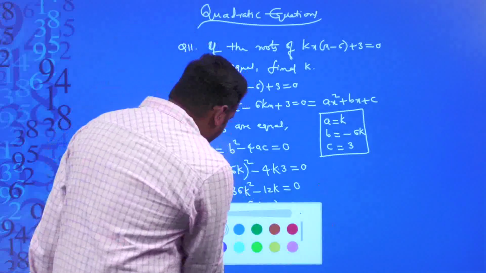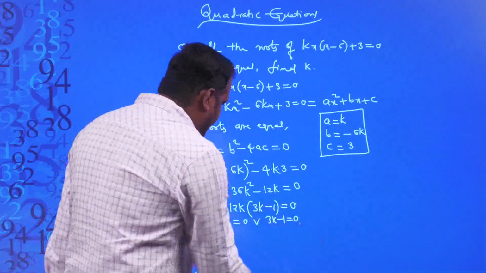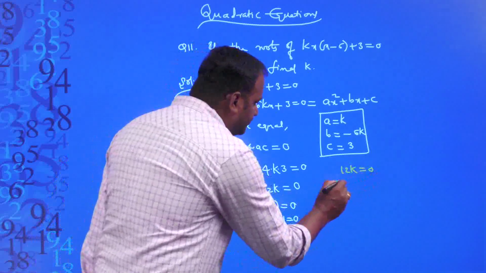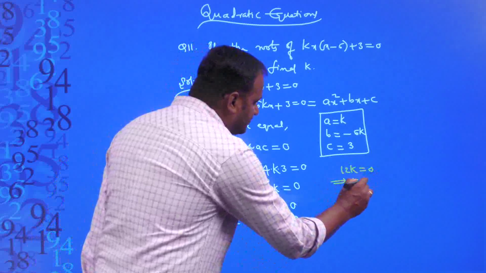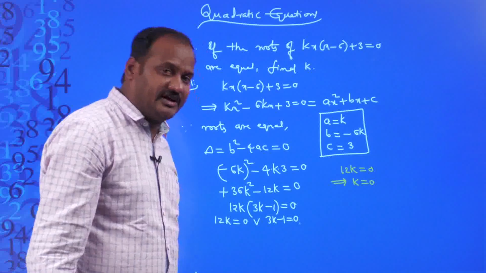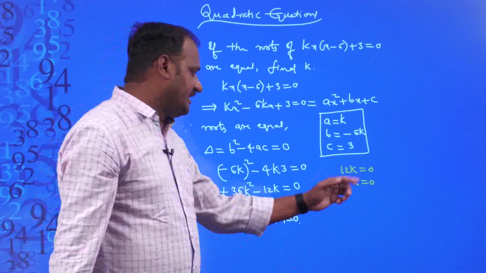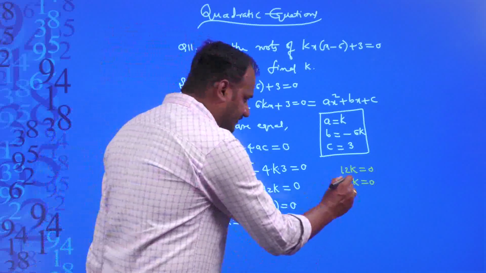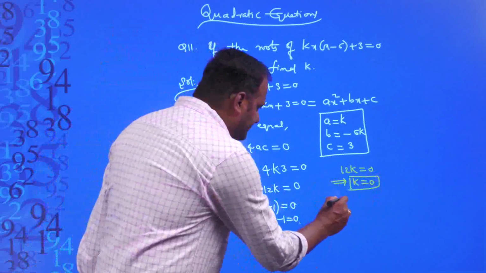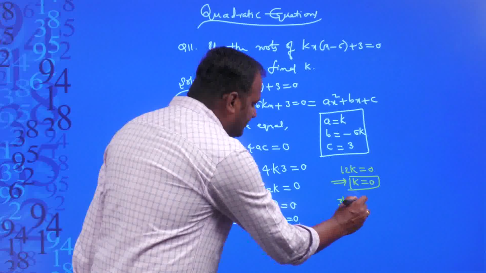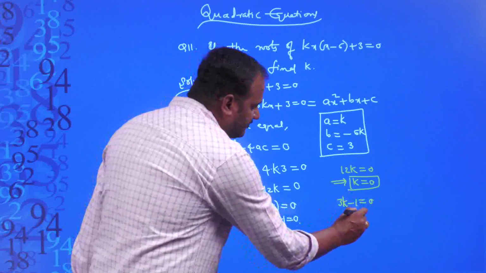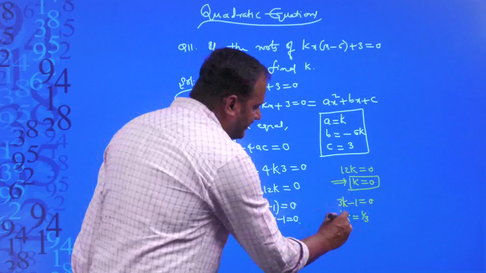If 12k is equal to 0, then the value of k is going to be 0. This is the first value of k. And the second value of k: 3k minus 1 is equal to 0, then 3k is equal to 1, k is equal to 1 divided by 3.